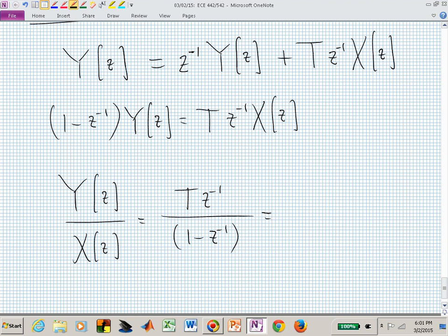Maybe you don't like the way that looks with all those z to the minus 1s floating around, but you know how to change that. You can multiply it by 1. We can always scale things by 1, and the 1 that we will use is simply z over z. If we hit that right-hand side with z over z, we end up with T over z minus 1.